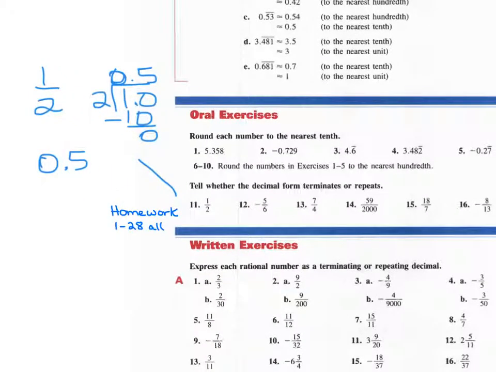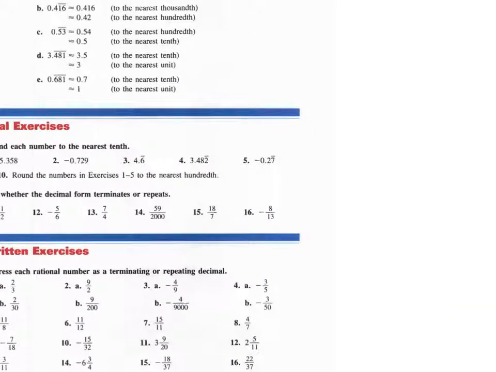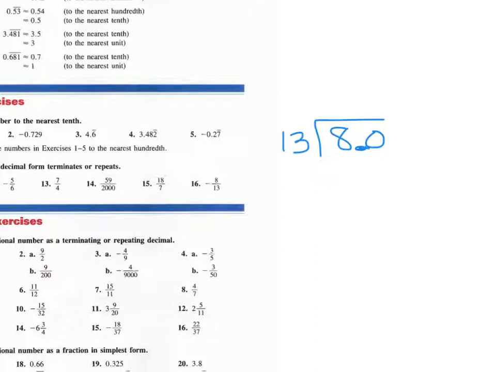So for the repeating decimals, you would divide them and use the bar notation. So for example, 8/13, this one would repeat. Put the 8 in the box, and then you would divide it. So 13 won't go into 8, but it will go into 80.